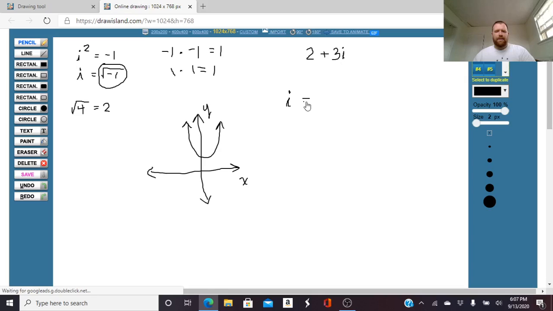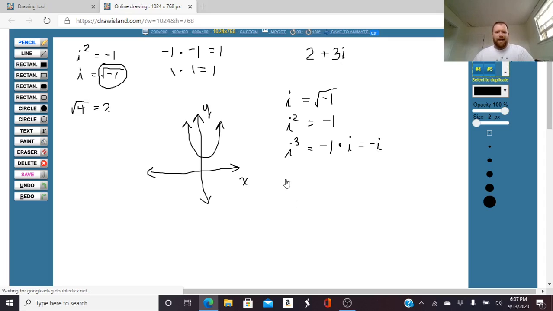So again, i is the principal square root of negative 1. i squared we defined as equal to negative 1. Okay, but what is i cubed? Well, i cubed is negative 1 times the square root of negative 1, or i. So negative 1 times i, which is just negative i.